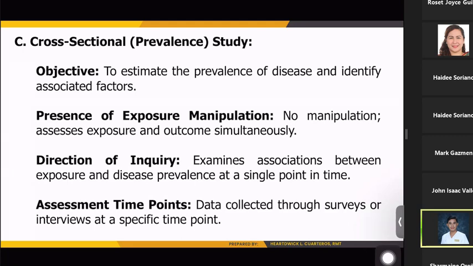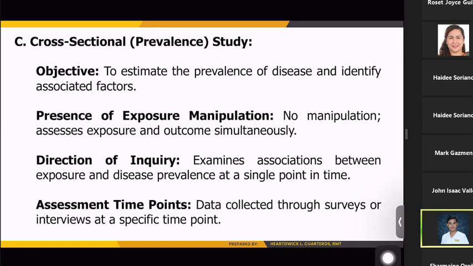It helps epidemiologists or researchers understand how common certain behaviors are and how they are interconnected. So the objective in a cross-sectional study is to estimate the prevalence of a disease and also to identify associated factors. This is what I mean by common certain behaviors that are connected with a group of people.